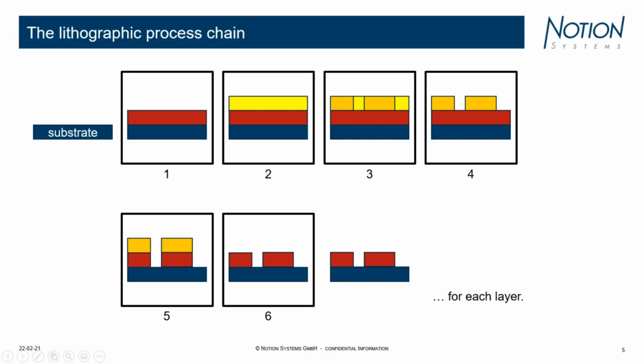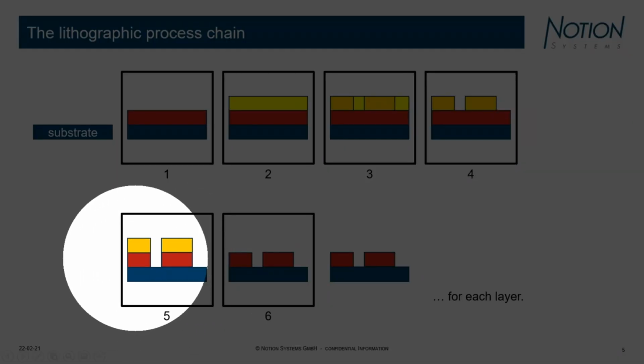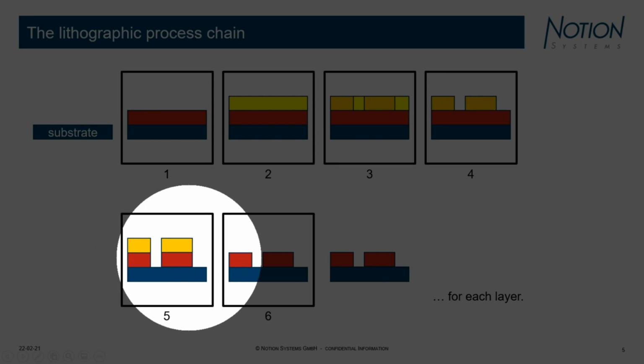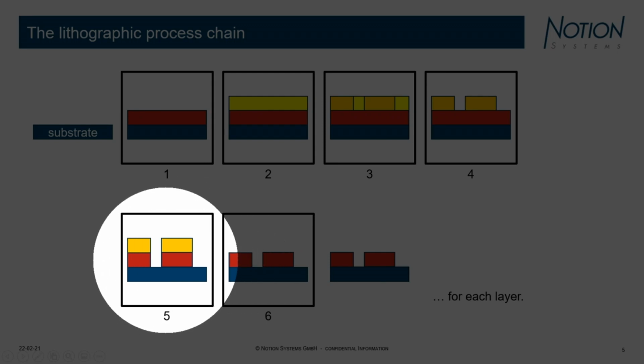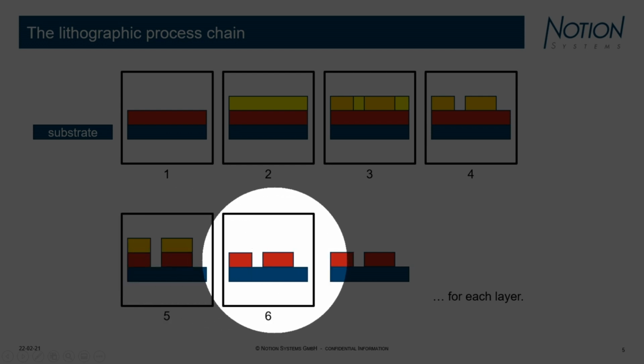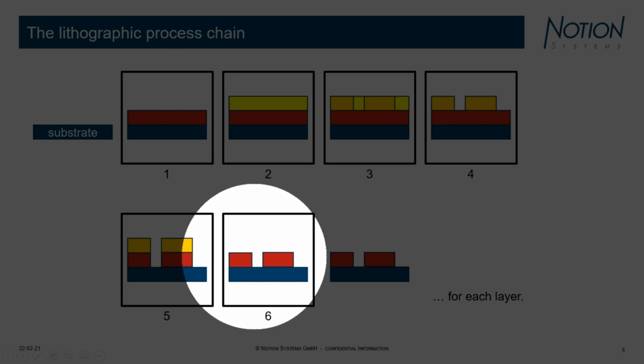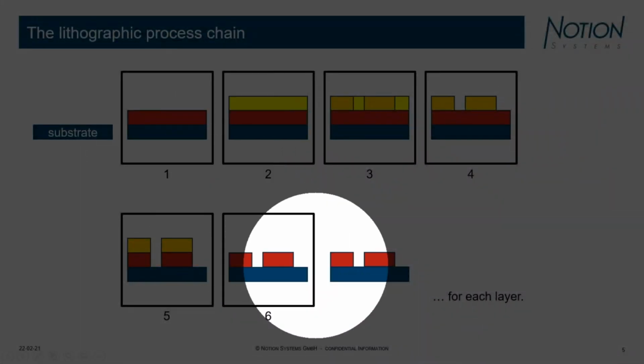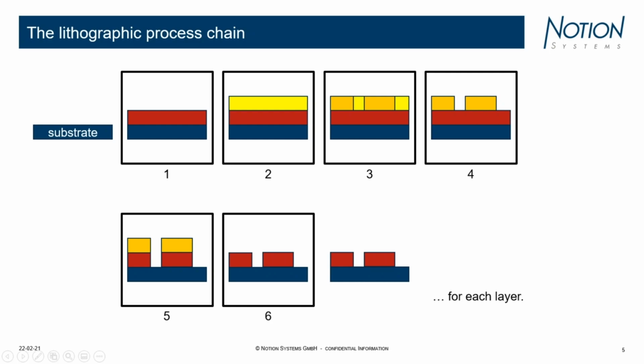So only in step 5 you will structure the actual functional layer, which is the red one in that case, and then you strip away in the last step the resist that was put on top. So you have a 6-step process to make one functional structured layer, and you repeat this process for each layer. So this is a quite wasteful process.